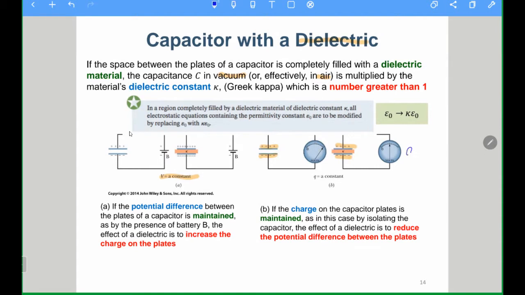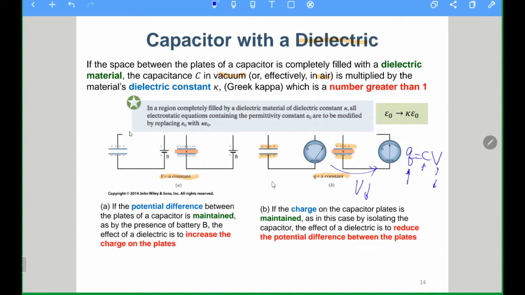Here we have Q equals CV, and in this case Q is constant, so this number doesn't change, and V decreases. So C must increase. By these two simple observations, if we insert the dielectric inside the parallel plate capacitor, then the capacitance will increase.